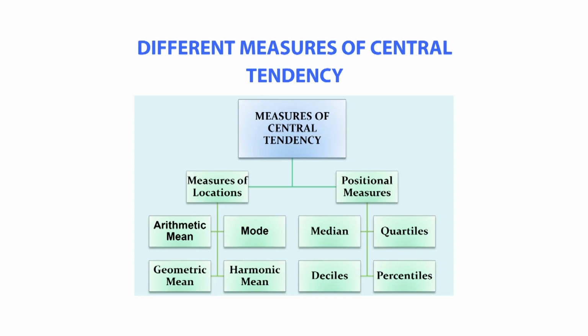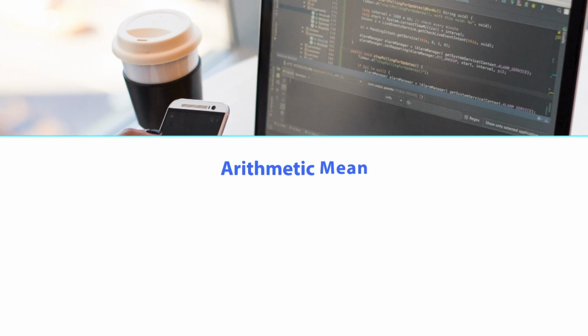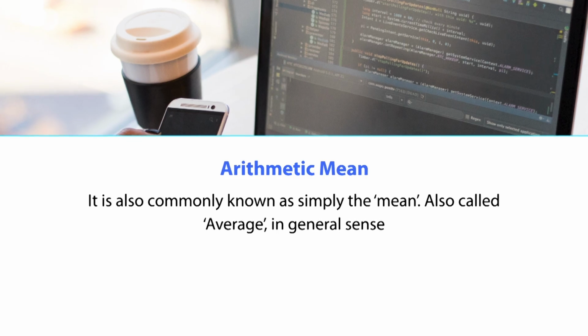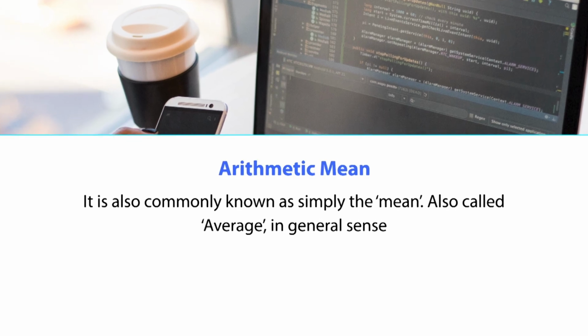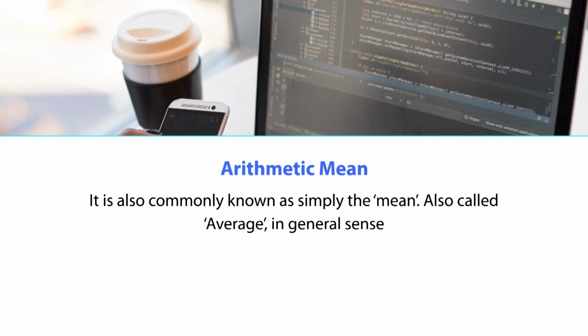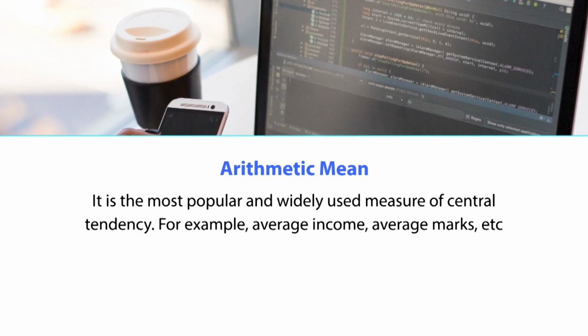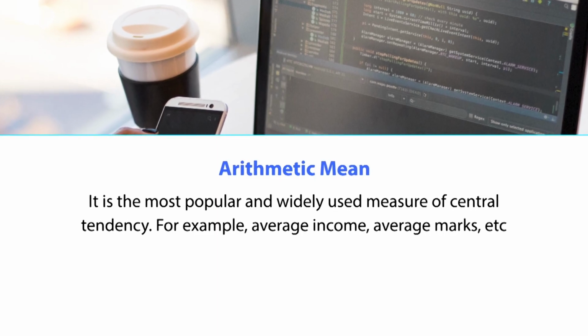So, now we will discuss the first measure of central tendency, the arithmetic mean. It is also commonly known simply as the mean, also called average in the general sense. It is the most popular and widely used measure of central tendency.